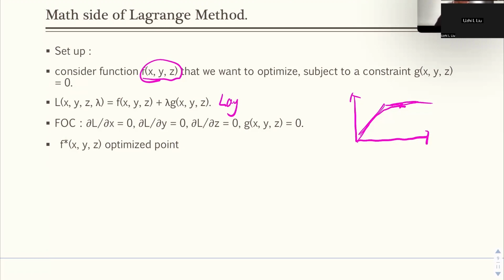After we solve these first order conditions, we will have a system of equations. We also need to solve that to find the critical values for each variable, which we put back into the objective function so we can have the optimization result.